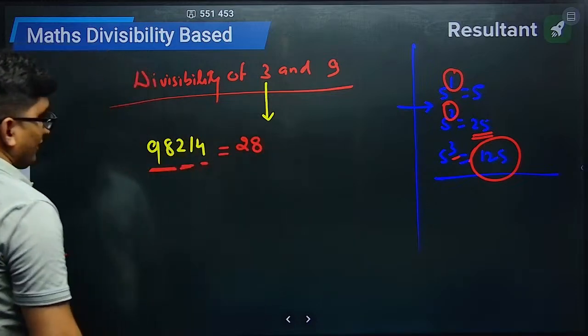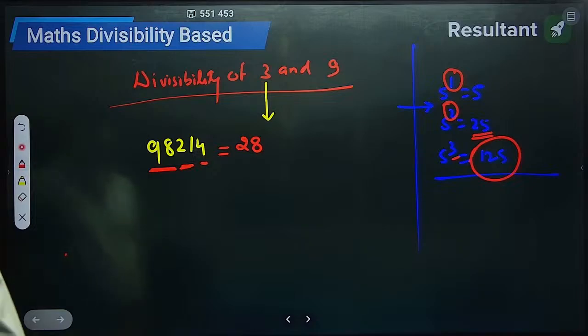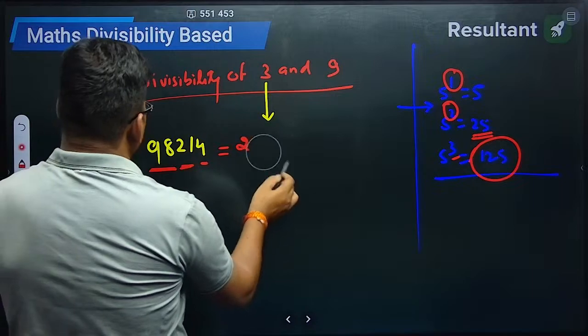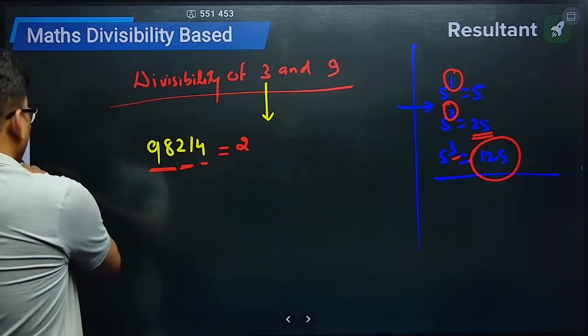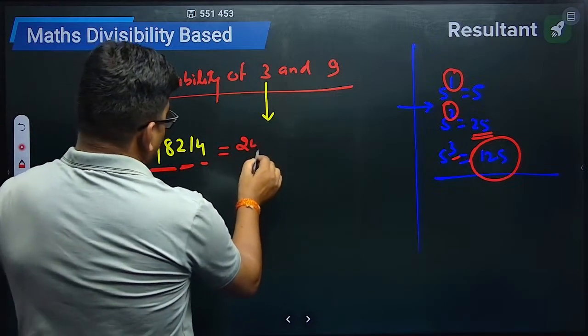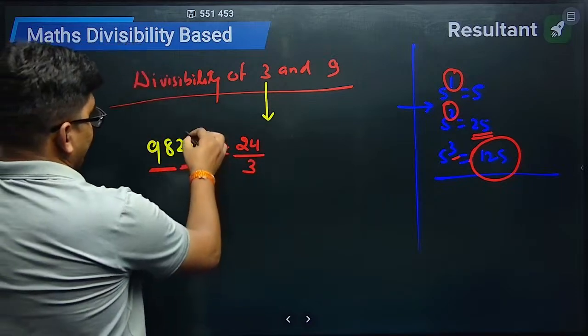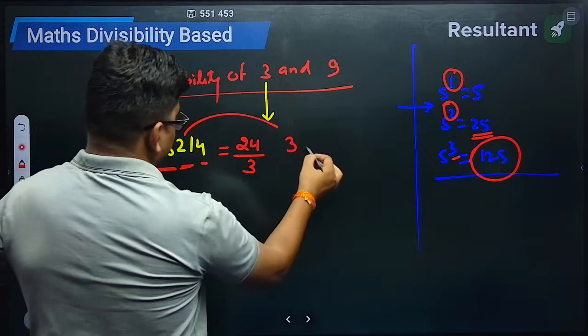Correct? Sorry, one second, I wrote it wrong. It will be 24. Now 24 is exactly divisible by 3, so you can say this number is divisible by 3.